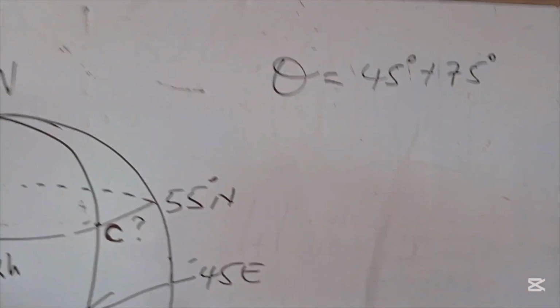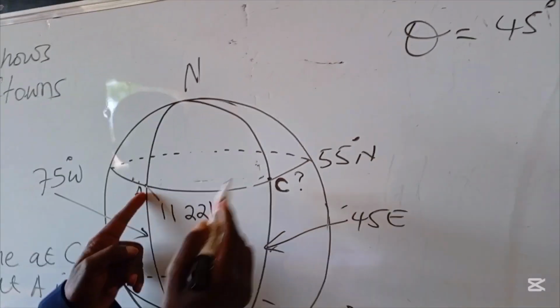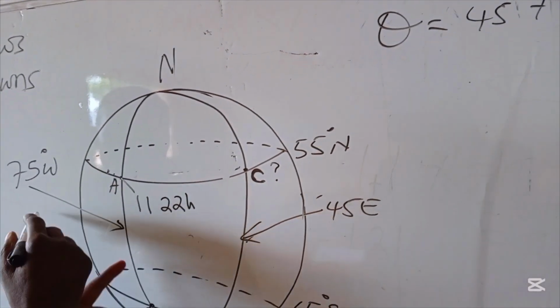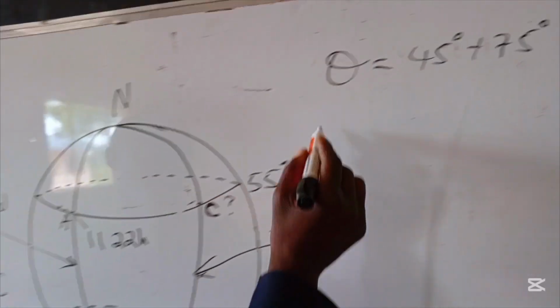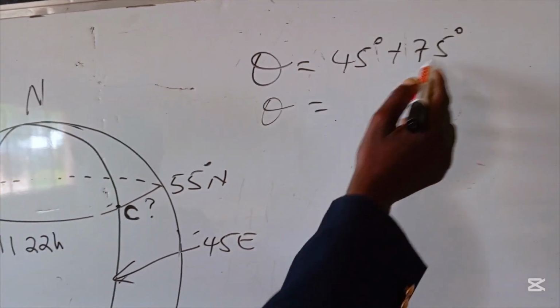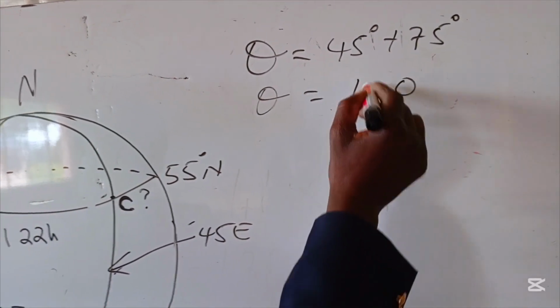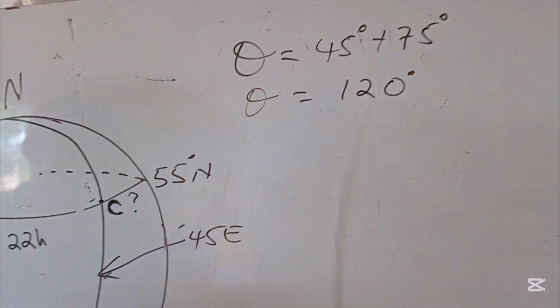You add because A and C are in opposite directions: one is in the east, the other is in the west. So you add them. When you add them nicely, this will be 120. So this is theta.